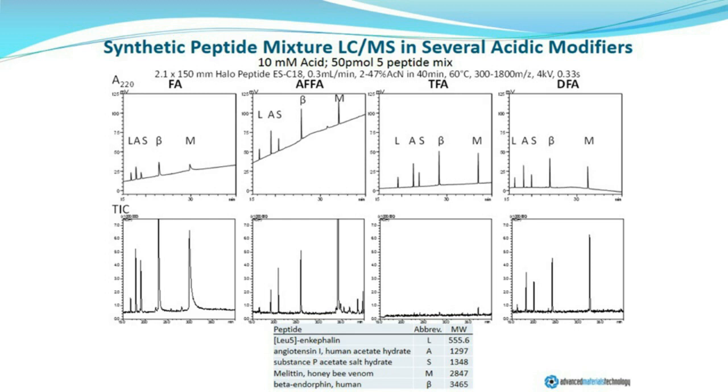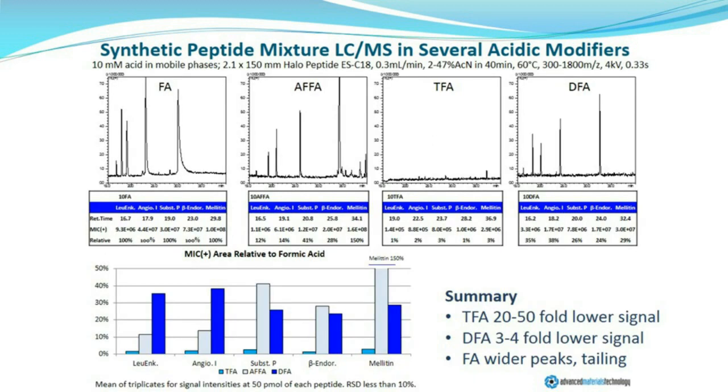Now, in order to summarize some of this for these 5 synthetic peptides, I've shown just the mass spectral data for that separation, as well as the multiple ion chromatograms. That is, the chromatogram, the top panel shows the total ion current. The numerical data shows the integrated multiple ion chromatograms.